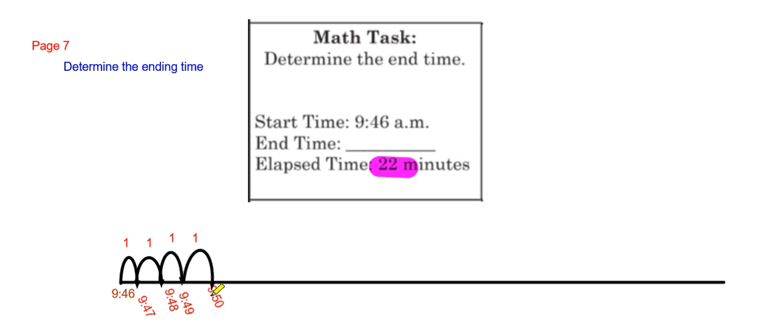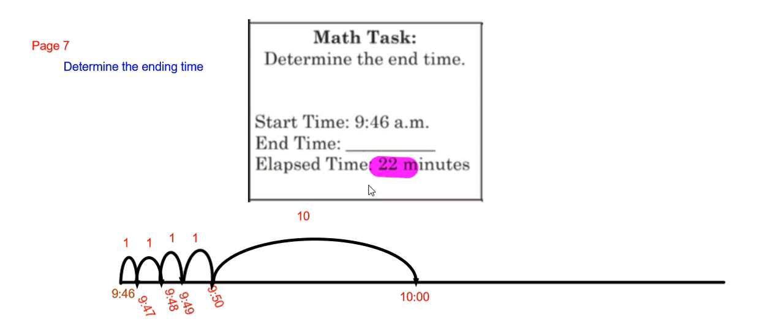Because 50 is a multiple of 10, I'm going to go ahead and hop by 10s now. I'm going to hop once, because remember, I need to get to that 22. And 9:50 plus 10 minutes equals 10 o'clock. Now, I need to double check how many minutes I have added so far, because I want to make sure that I don't pass 22 minutes or have less than 22 minutes.